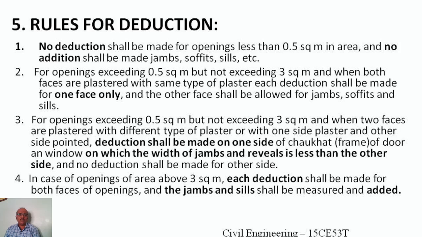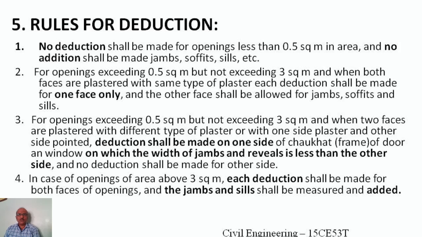This is the rule. And for the openings exceeding 0.5 square meter but not exceeding 3 square meter, when both faces are plastered with the same plaster, each deduction shall be made for one side only.